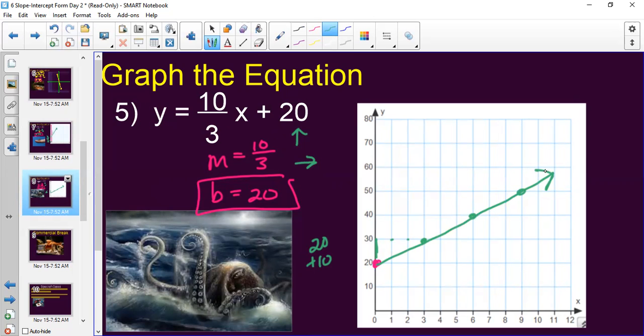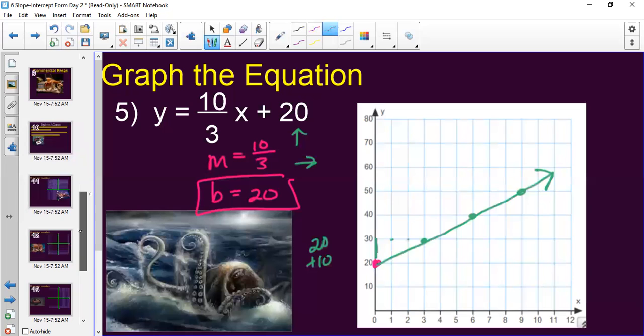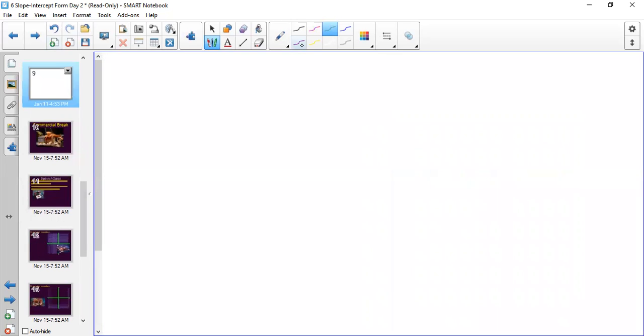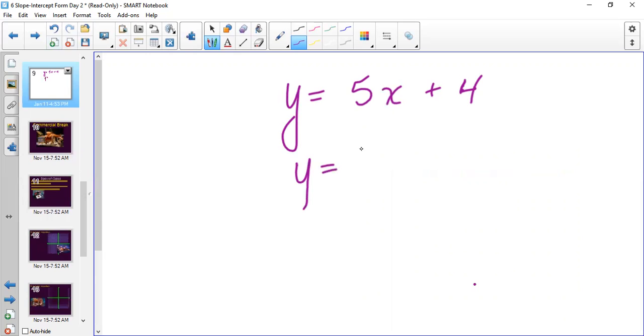Okay, so that was one new objective that I wanted to cover today. And then the other one is special cases. So what I mean by special cases: so far, every problem that we've done has had a y and an x. Sometimes we have negatives in there and things like that. Sometimes it looked like we didn't have both the slope and y-intercept, but we still had a y-intercept of 0.